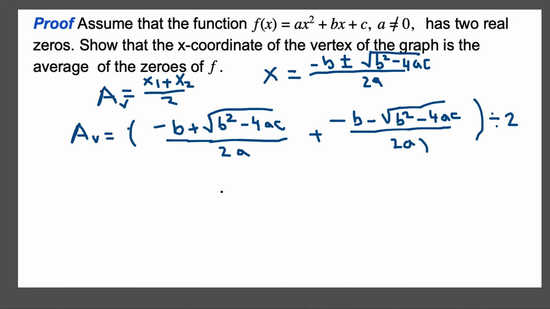So now, first of all, let's see what we have. Because the LCD is 2a, we can simplify the terms: plus the square root of b squared minus 4ac, minus the square root of b squared minus 4ac cancel, and we can add those b's with the same sign.